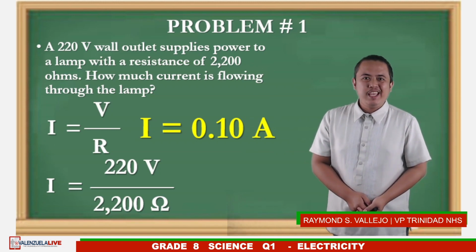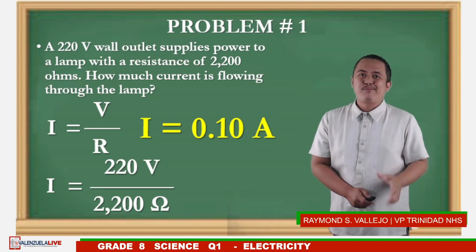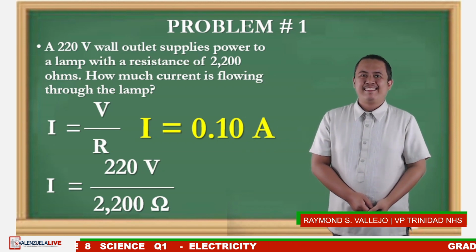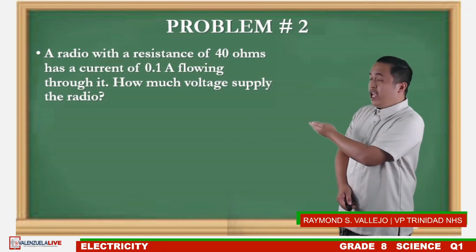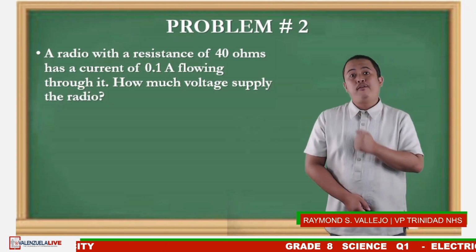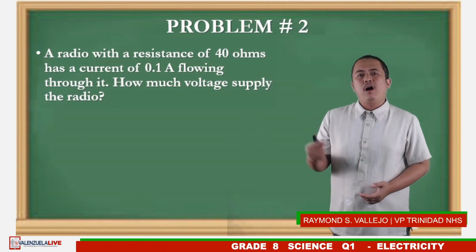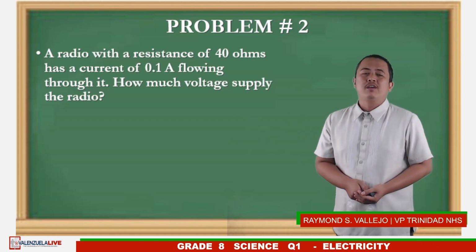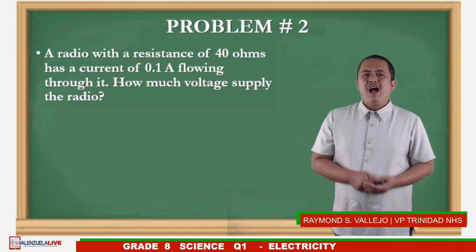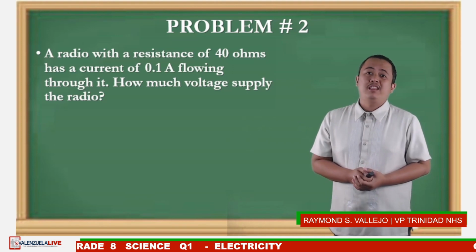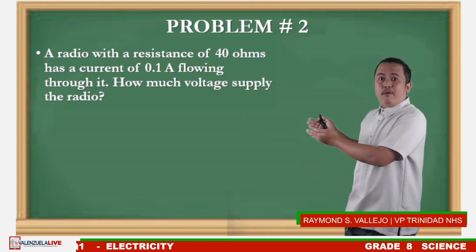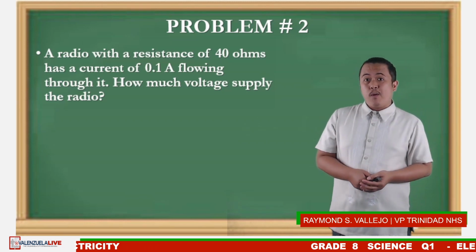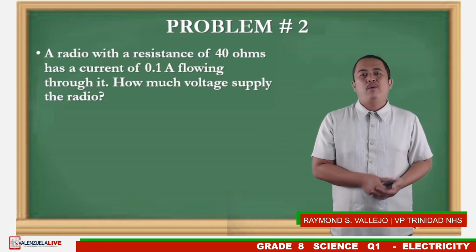Now, let's proceed to the second word problem. For the second problem, a radio with a resistance of 40 ohms has a current of 0.1 amperes flowing through it. How much voltage supply the radio? Again, a radio with a resistance of 40 ohms has a current of 0.1 amperes flowing through it.